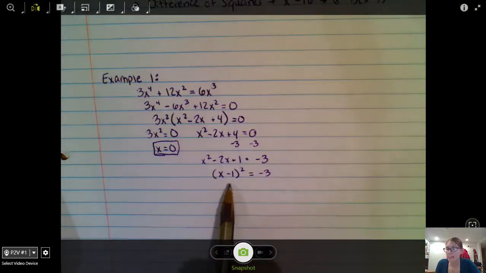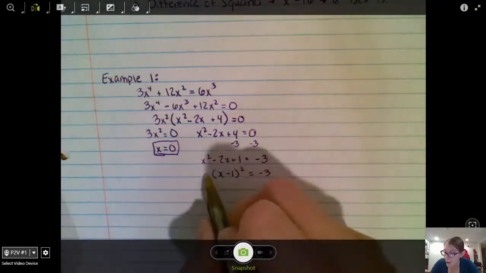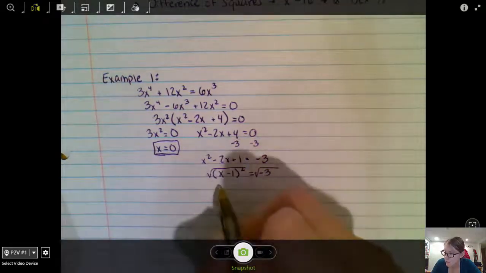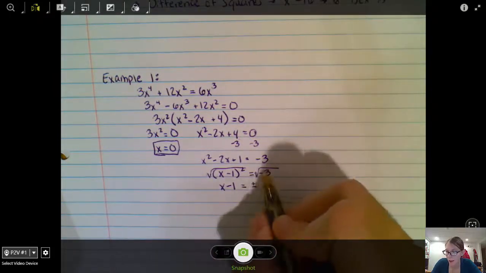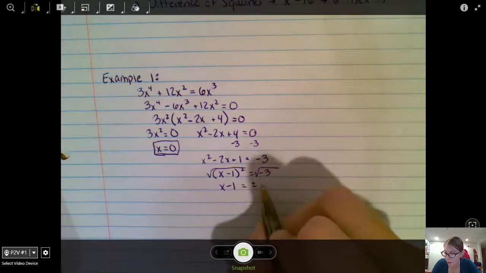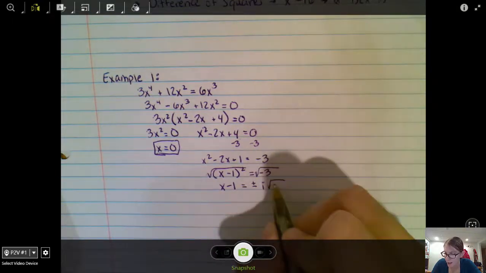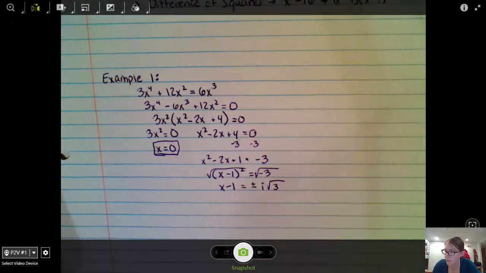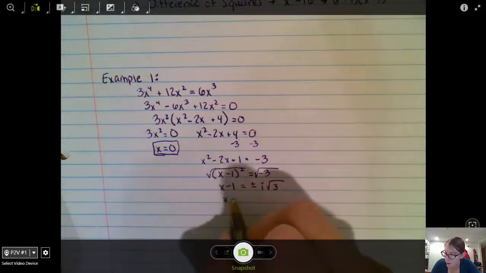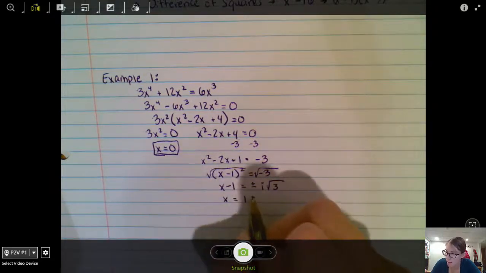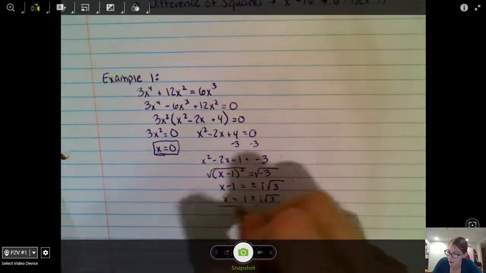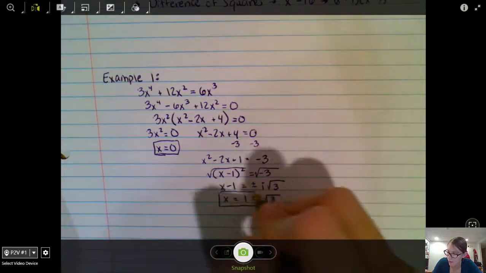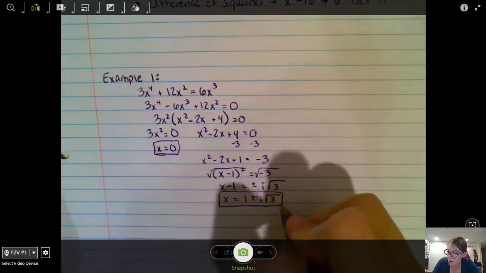We have something nicely squared here, so square root both sides. Don't forget that leads to plus or minus. And since we have the square root of a negative number, it's i times the square root of 3. Add 1 to both sides after that. So x equals 1 plus or minus i radical 3. And that's our first example.